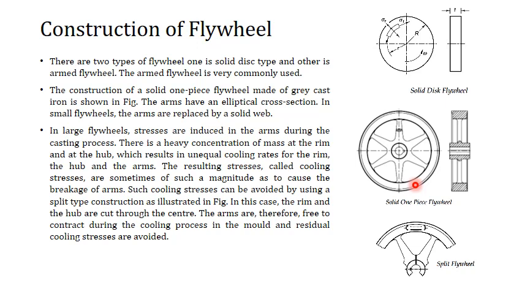There is heavy concentration of mass in hub also, and due to this, when we see the arm, rim and hub, the cooling rate for all these three is not same, and as a result the stresses are induced in the form of cooling stresses, and this may result in breakage of the flywheel.